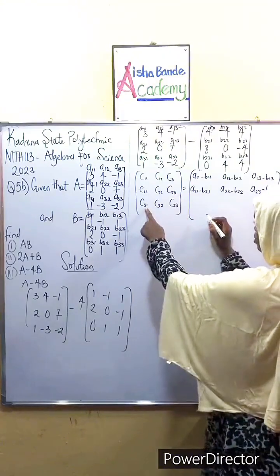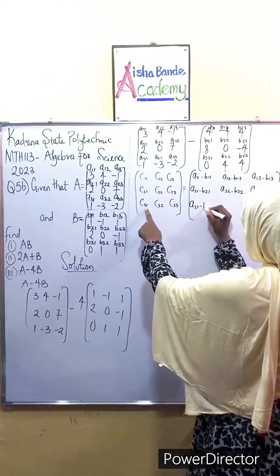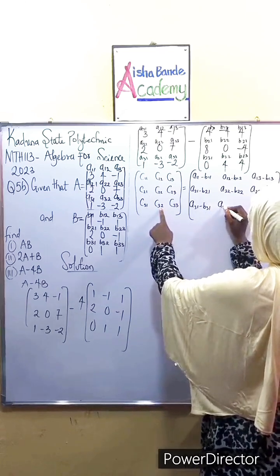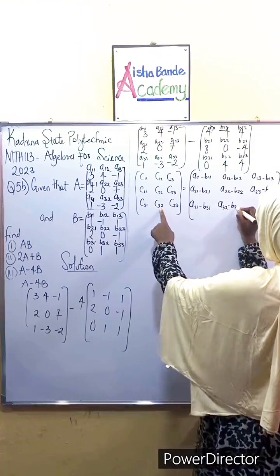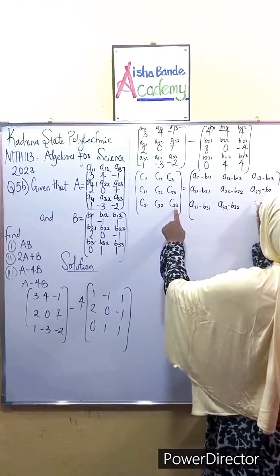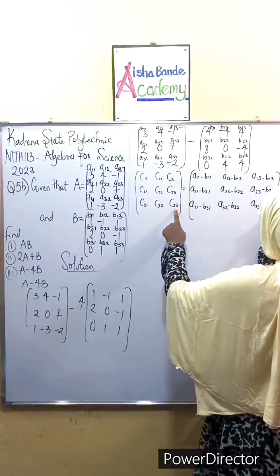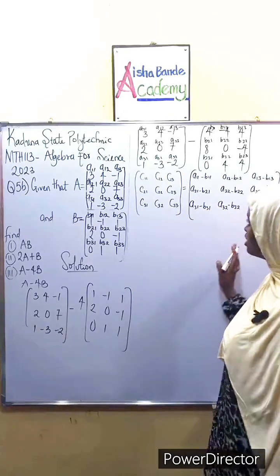Then the last one, to get C31 is going to be A31 minus B31. To get C32 is going to be A32 minus B32. Then to get C33 is going to be A33 minus B33. So from this point, all we need to do is to substitute and get the final answer.